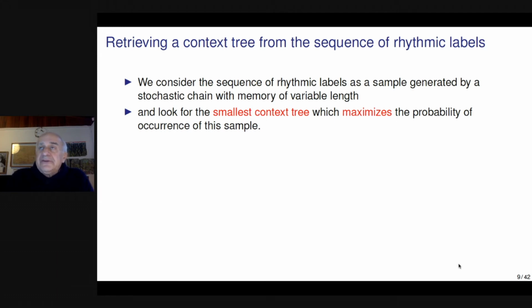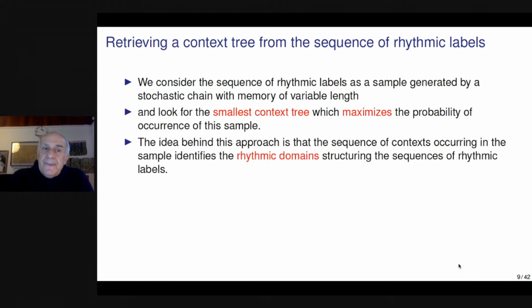So we're looking for the smallest context tree which maximizes the probability of occurrence of this sample. The idea behind this approach is that the sequence of contexts occurring in the sample identifies somehow the rhythmic domains structuring the sequences of rhythmic labels.